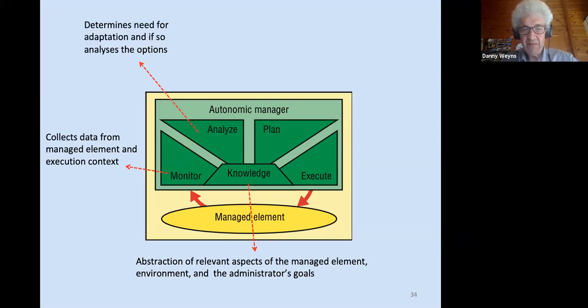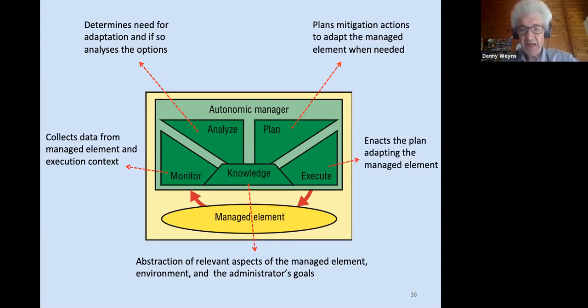The analyzer looks at the knowledge and checks whether any adaptation is needed, meaning that the goals might be threatened or violated. Then it analyzes what the options are to change the system. If adaptation is needed, the planner determines a plan, meaning the actions that I need to take to bring that system to a better state so that the goals are restored or not violated. Finally, the execute element enacts that plan. That means it will adapt the managed system according to the steps described by the plan.